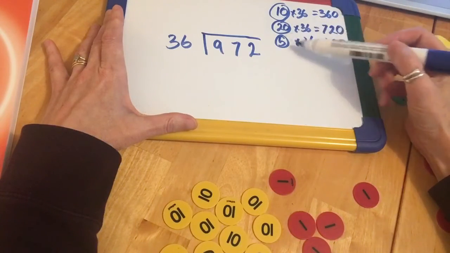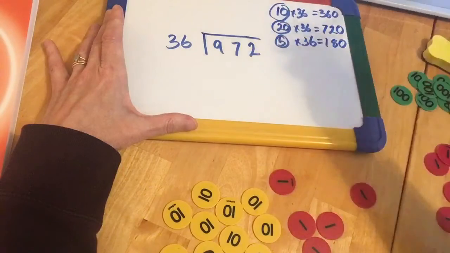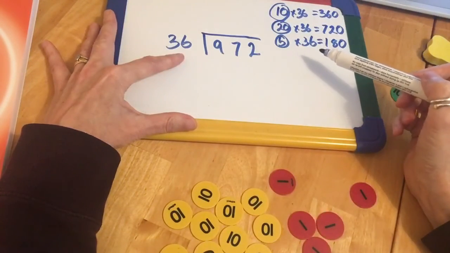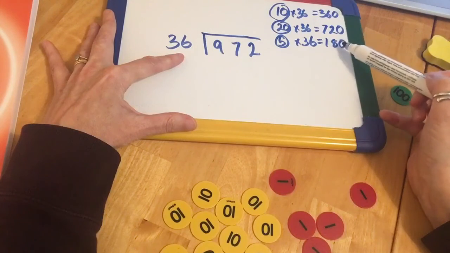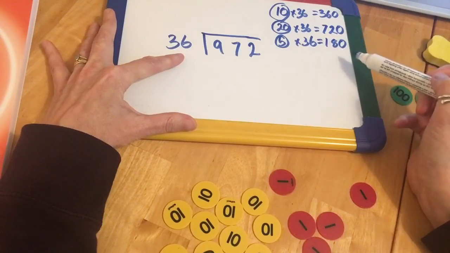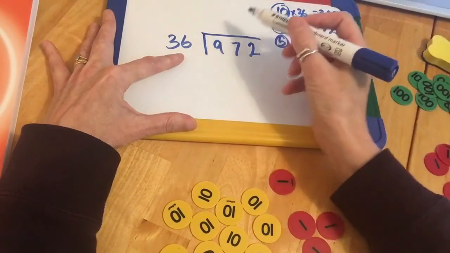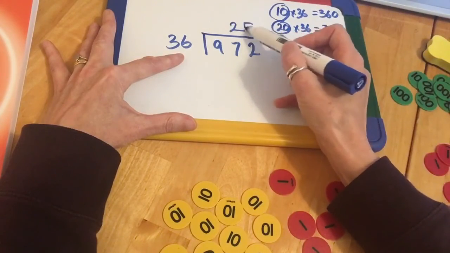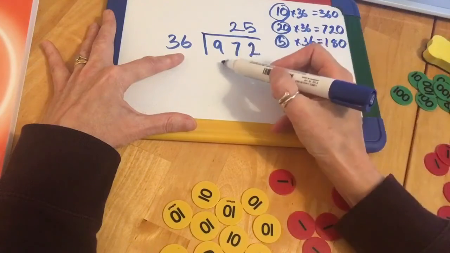So I know that I'm getting there. So if I start by saying, okay, I know that 25 lots of 36 is going to be 900, then I can start there. So I know 25 lots of 36 is going to be 900.